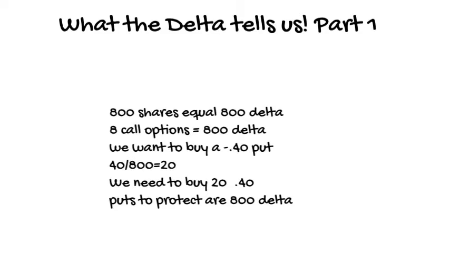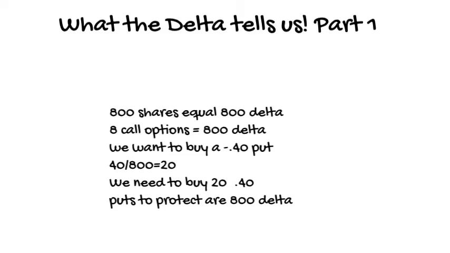As each share of stock is equal to 1 delta, and we wanted to hedge our position, we could buy some puts to hedge that position. The question is how many puts? The answer is in the delta definition of hedge ratio. Hedge ratio tells us how many puts we need to buy to become delta neutral.